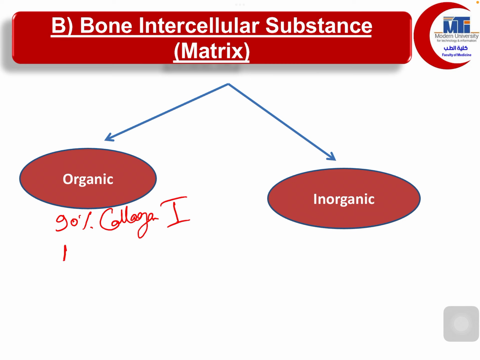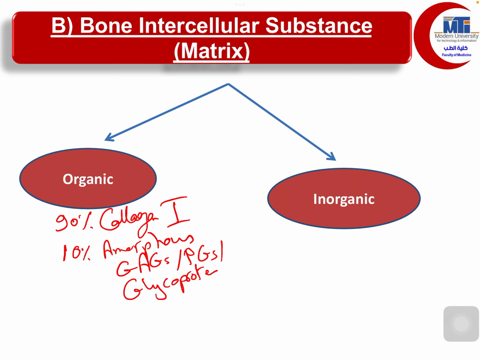Okay, and the remaining components, 10% actually, the amorphous substance, which are the glycosaminoglycans or GAGs, and proteoglycans, and also glycoproteins, as we mentioned before, in the matrix of the cartilage.